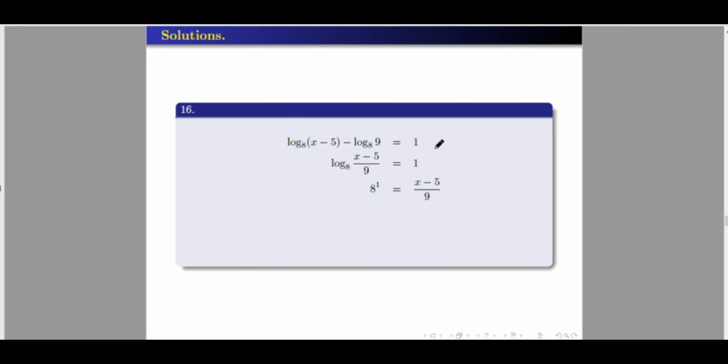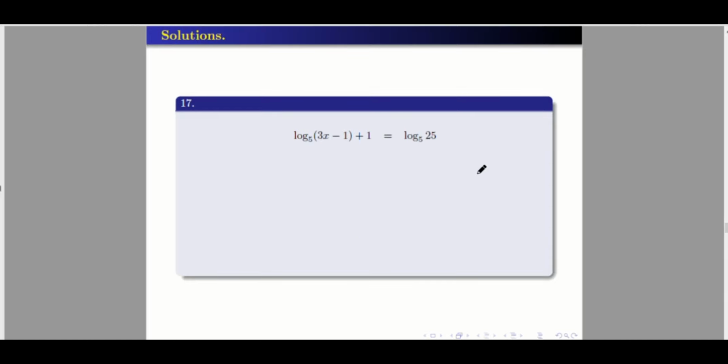Multiply both sides by 9 so that we can cancel 9. So we have 9 times 8, that is 72. And then transpose, negative 5 will become positive 5. So x equals 77.